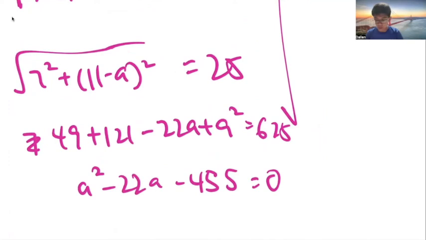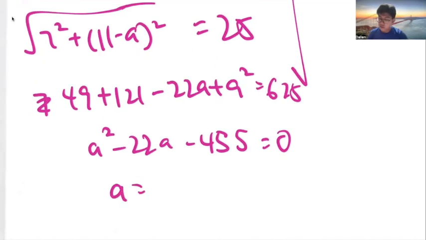So we just solve the quadratic equation. You can use your calculator. a squared minus 22a minus 455.